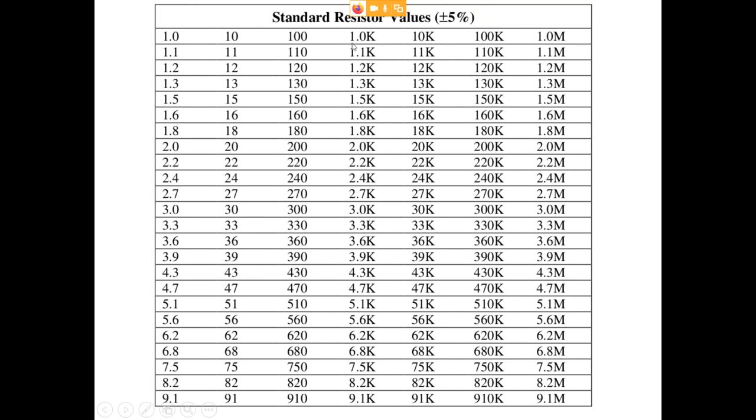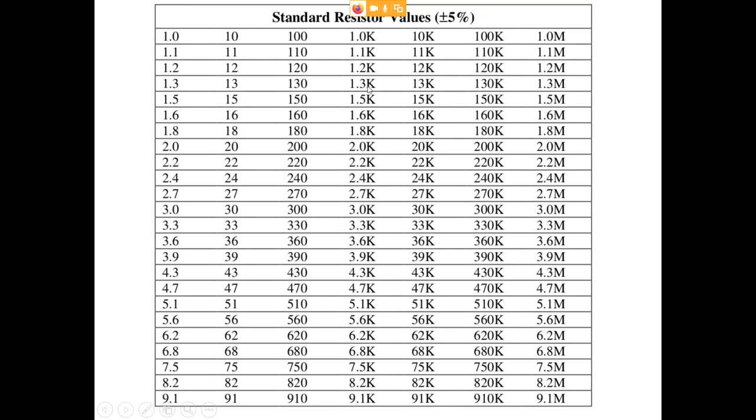But as we go through, you see you can also buy 2,000 ohm resistors. They're actually less common though. Usually the most common in the 2,000 range you see is 2.2. So you can buy a 1.0 K, 1,000 ohm. 1.2 is pretty common. 1.6, 1.8.